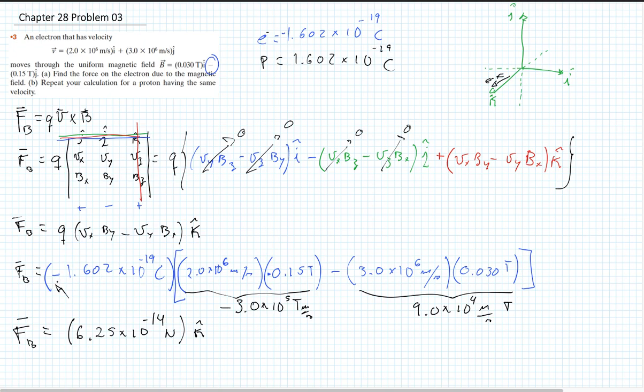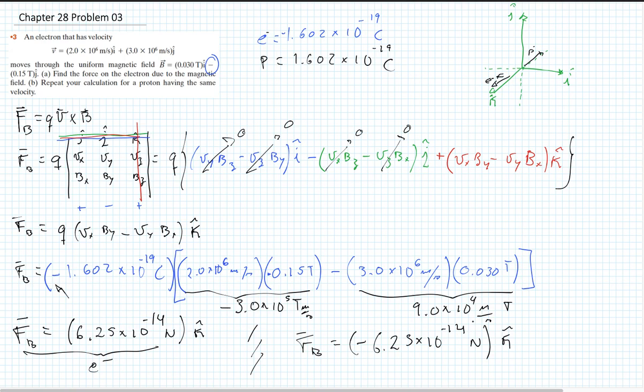And when I have this guy here positive, I do all this stuff because this will not change for proton. This is for electron. For proton, what we're going to have will be the same number, but negative. Okay, so 6.25 times 10 to the minus 14 newtons in the negative direction of K, this is for proton.